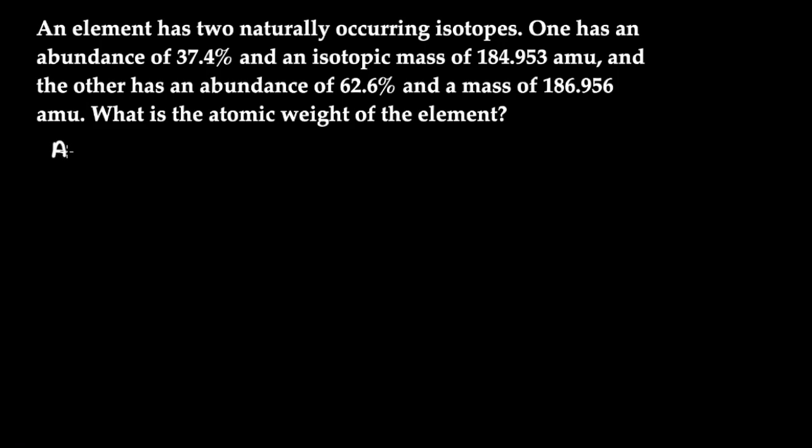And the equation is that to find the average atomic mass, I'll put mass here, the average atomic mass is going to be equal to the percentage of the first one multiplied by the atomic mass of the first one.